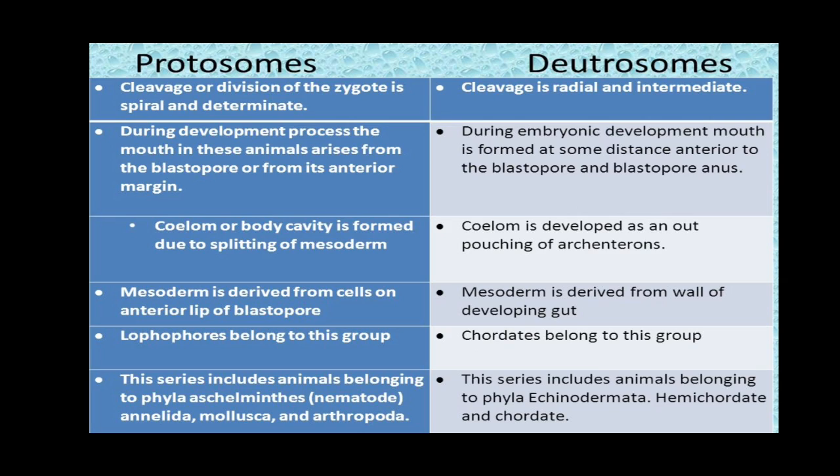Some other groups of animals that belong to protostomes are platyhelminthes, nematodes, annelida, mollusca, and arthropods. Whereas the organisms that belong to deuterostomes are echinodermata, hemichordata, and chordata.